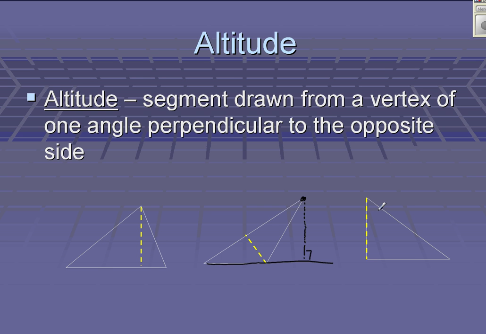Which is a little bit trickier. We just remember to have a right angle, we have to draw it to the opposite side. So we're allowed to extend these sides for the altitude. And just remember the altitude is, if the side with the right angle was at the bottom, you'd be climbing to the very top. You want to know exactly how tall that triangle is.